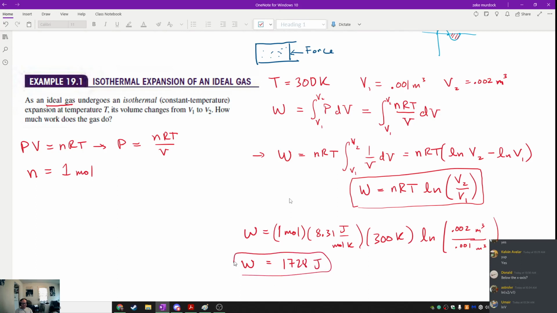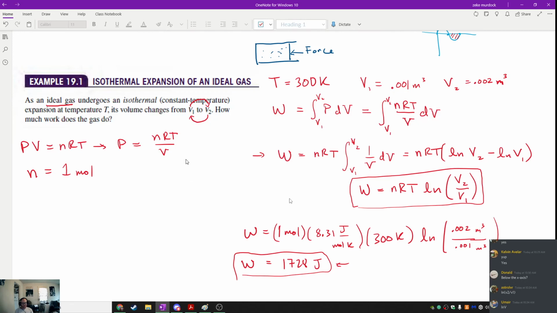The cool thing about this is, suppose that we have this system, and we know that you get this many joules of work out of the system, about 2,000 joules. Well, what if there was a natural way to revert the system back to its original state, and then we could allow the gas to expand again so it could get back to V2 again?